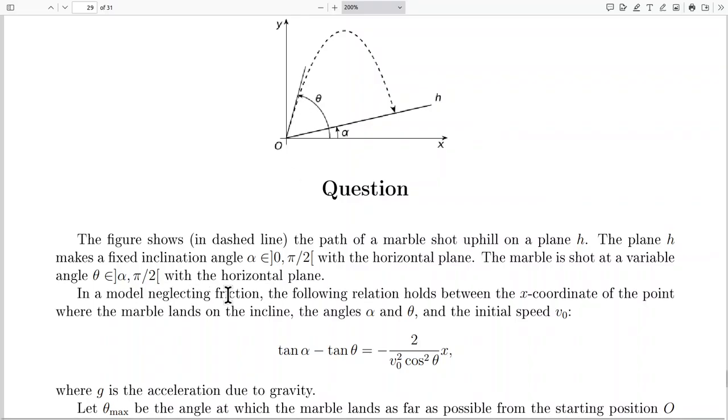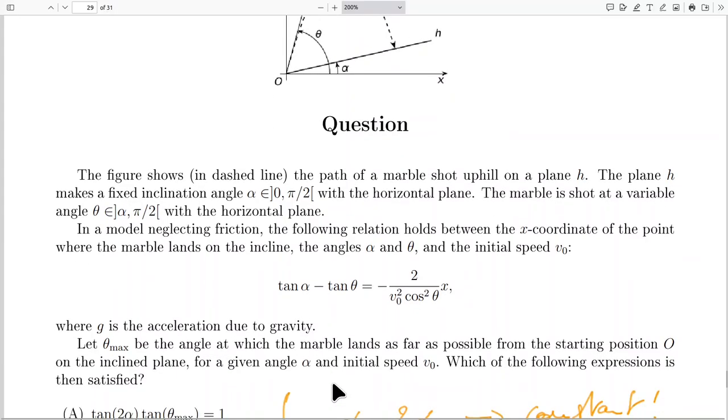In a model neglecting friction, the following relation holds between the x-coordinate of the point where the marble lands on the incline, the angles alpha and theta, and the initial speed v0. Tangent alpha minus tangent theta is minus 2 over v0 squared times cosine squared theta, all this times x, where g is the acceleration due to gravity.